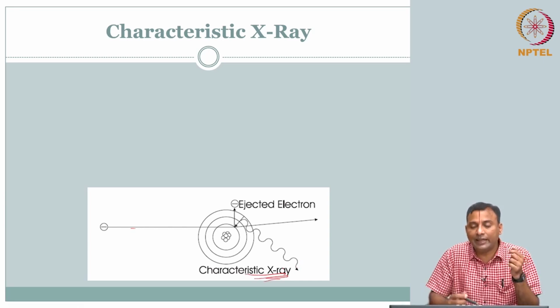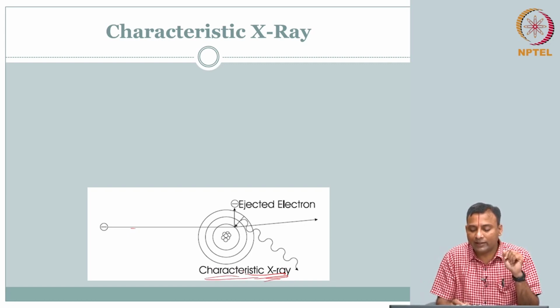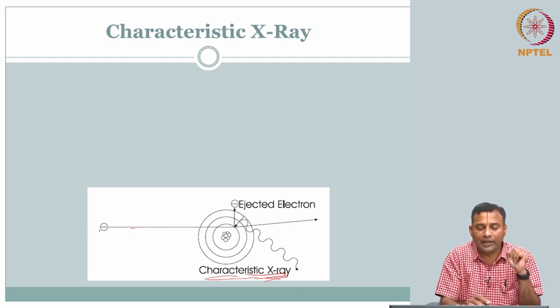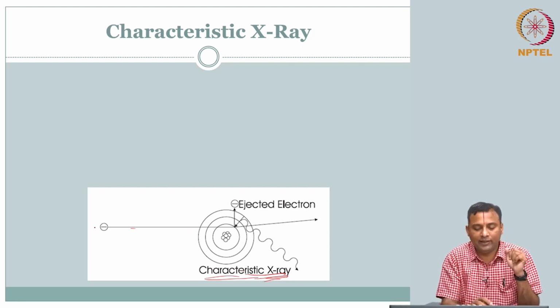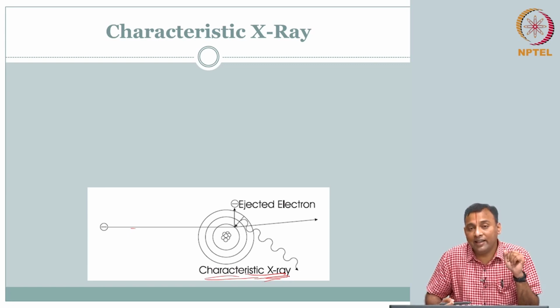So, that is X radiation. We still have to understand why it is characteristic. What do you think? Why is it characteristic? Well, I have energy that I know I am putting in, let us say. If I know what is the energy coming out, can I then say anything about the atom or the material?